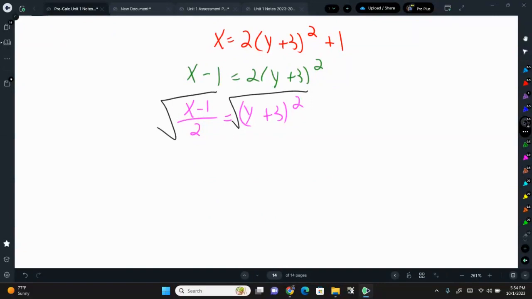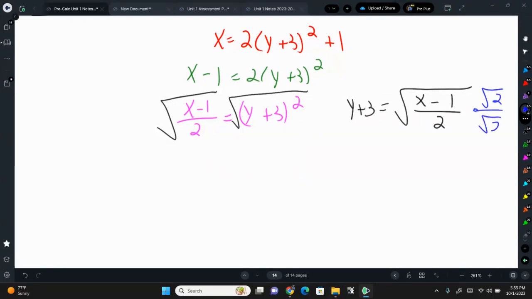So we get y plus 3 equals the square root of x minus 1 over 2. And we know we can't have a square root in the denominator, so we have to multiply the top and bottom by the square root of 2. So the numerator, we have y plus 3 equals the square root of 2 times x minus 1 over 2.